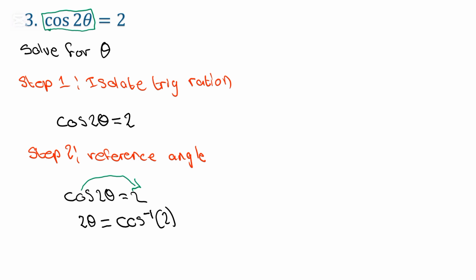Now you have to deal with step 3, which is to solve for theta. So how do you solve for theta? You are given 2 theta is equal to cos negative 1 of 2.